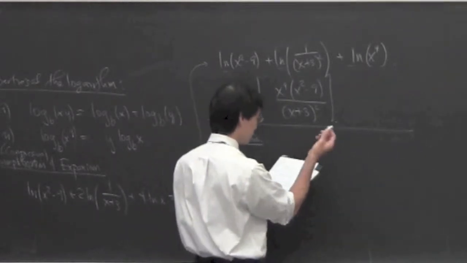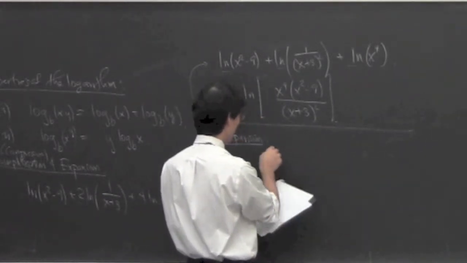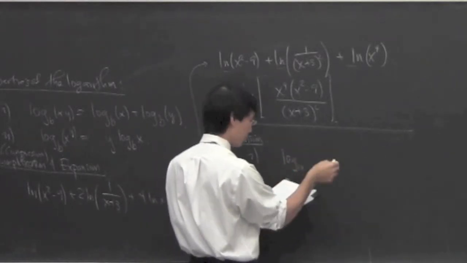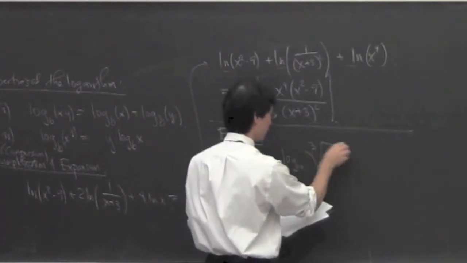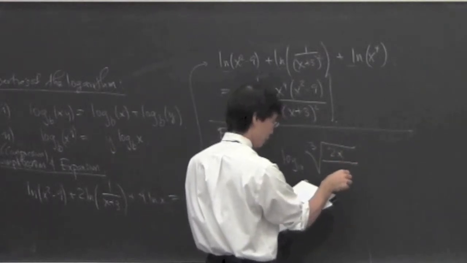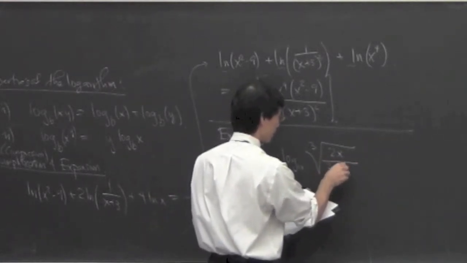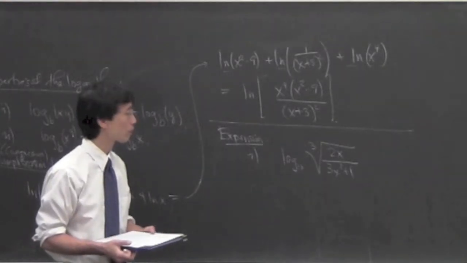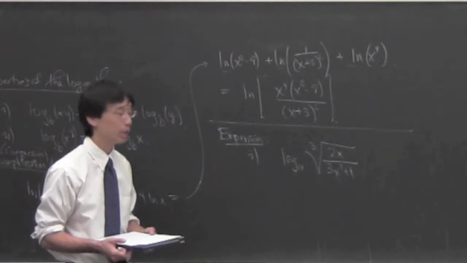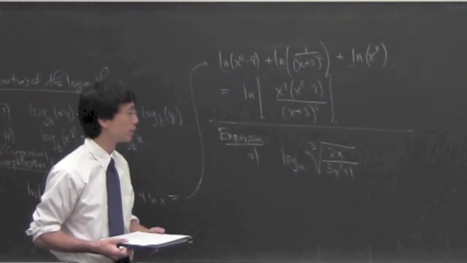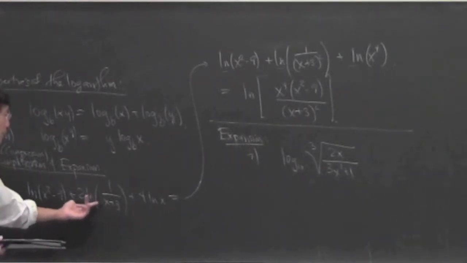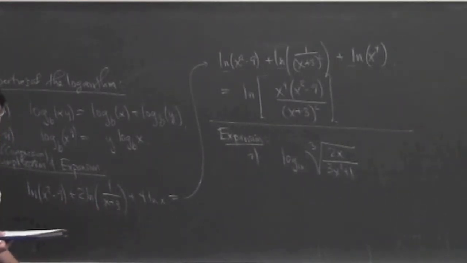So, for example, if somebody gives you, say, log base 10 of the cube root of 2x over 3x squared plus 1, then we can take this apart and break it down into a sum, a combination of simpler terms.